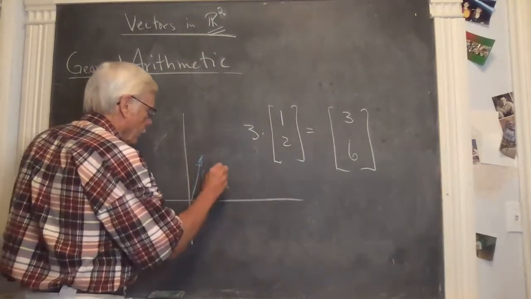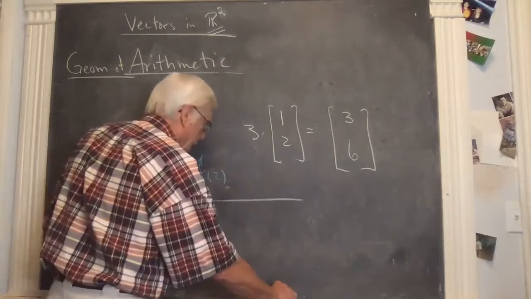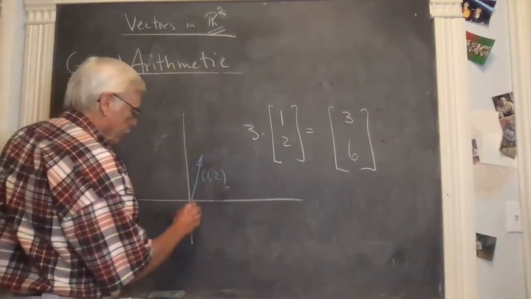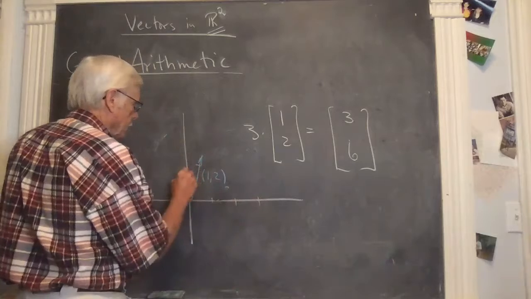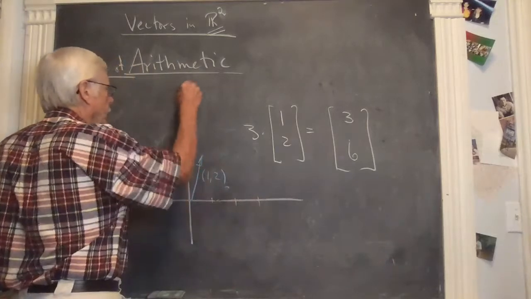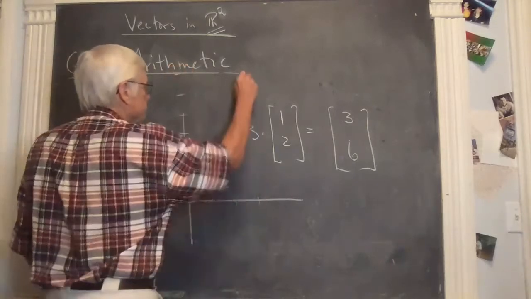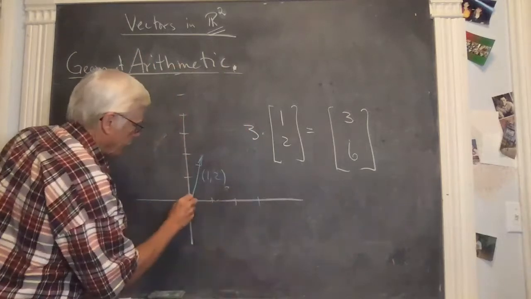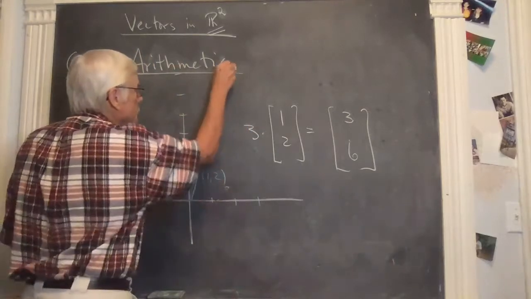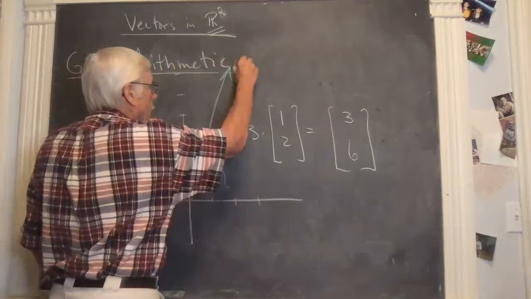Here is the vector 1, 2. And here is the vector 3, 6. So it should be the exact same slope, but ending up at the point 3, 6.